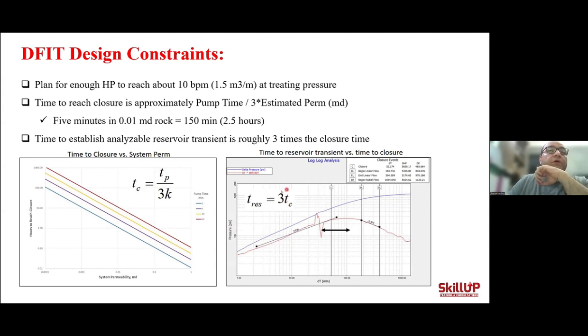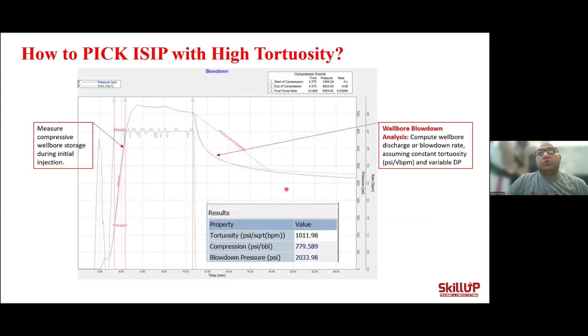And another big deal is how to pick an ISIP with high tortuosity. If you don't have any tortuosity, this will be extremely simple for anyone. You will have water hammering, you will have very good communication between the wellbore and the frac body, and it's too easy to pick the ISIP. But what if you have high tortuosity?